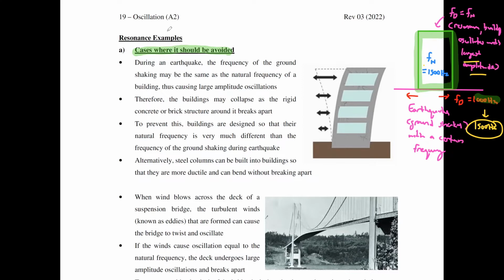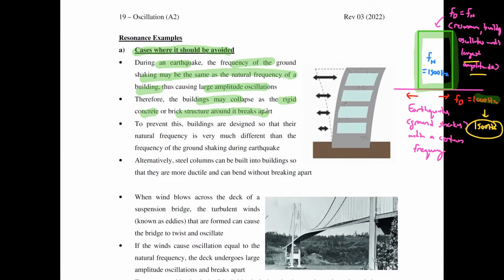Here in the notes, it was mentioned something like this. During an earthquake, the frequency of the ground shaking may be the same as the natural frequency of your building, thus causing large amplitude oscillations. As a result, your building may collapse as the rigid concrete or brick structure around it breaks apart. You've seen concrete or bricks before, you can't really bend it, right?